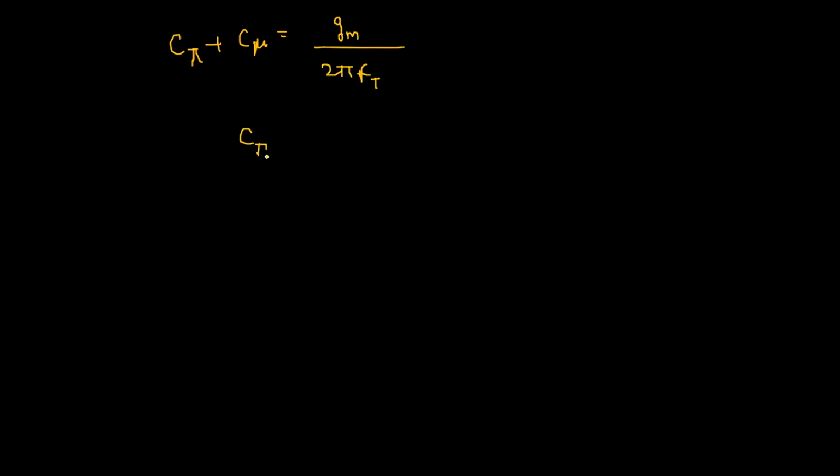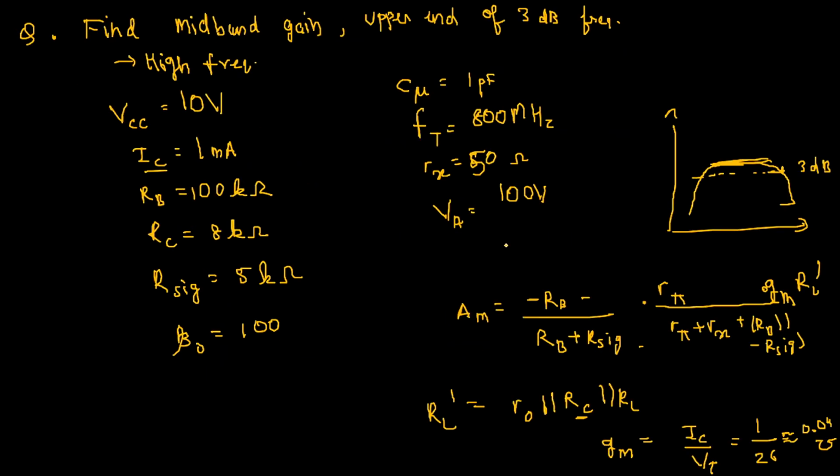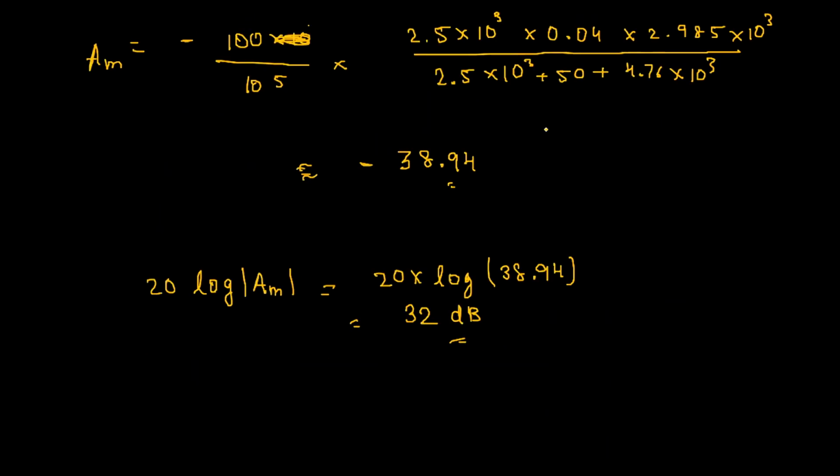So my C pi plus C mu gives me Gm divided by 2 pi Ft. So C pi is equal to Gm divided by 2 pi Ft minus C mu. I know the value of Gm is 0.04, 2 into 3.14 into, it's given that Ft is equal to 800 megahertz.